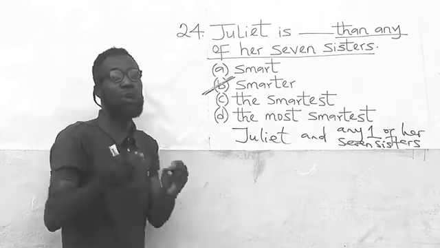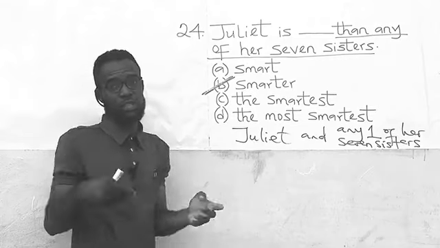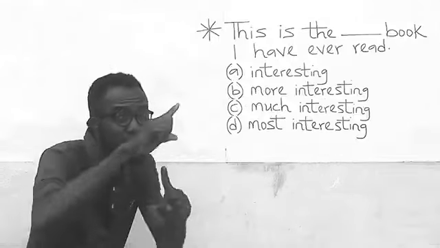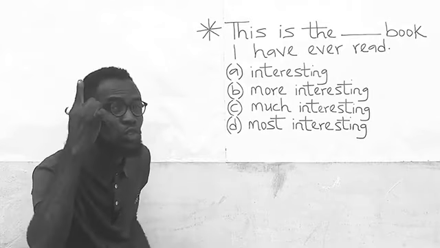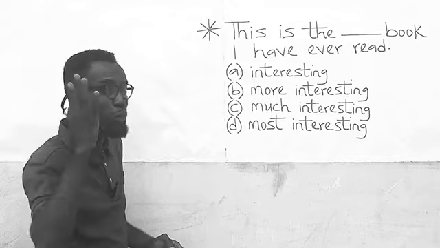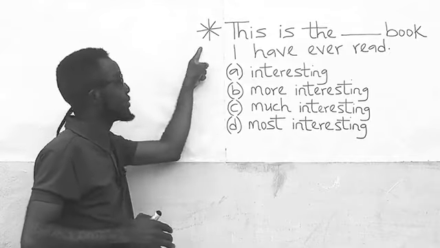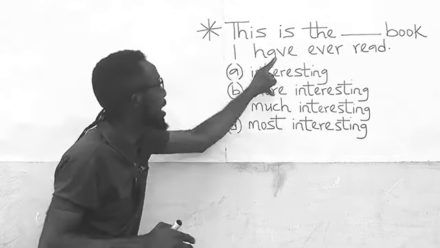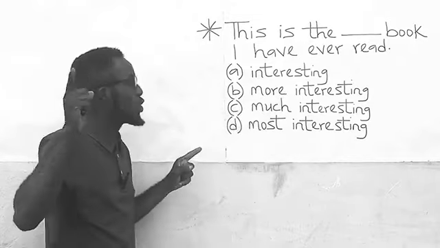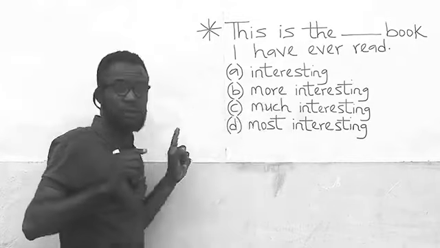Let us look at one or two other questions so that you will understand better. From what we have learned, in question number 24, if we are faced with such a question, this is the dash book I have ever read. Option A, interesting. Option B, more interesting.